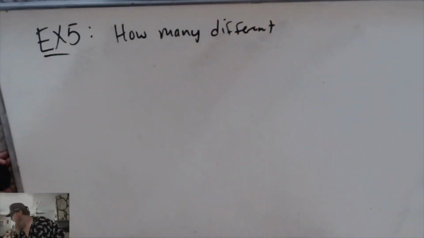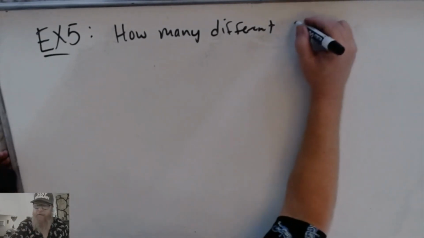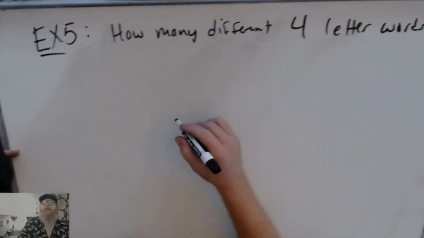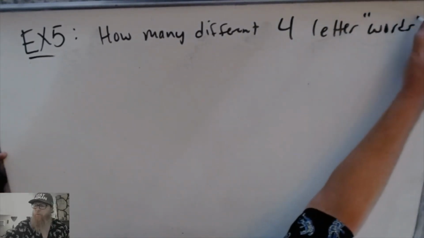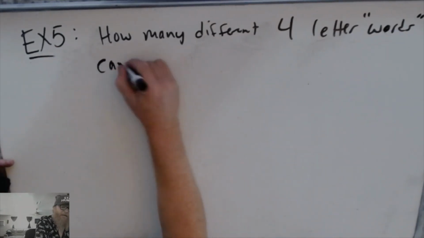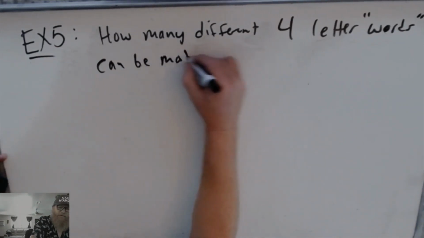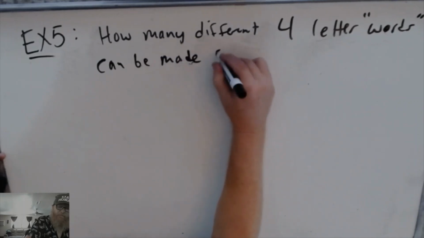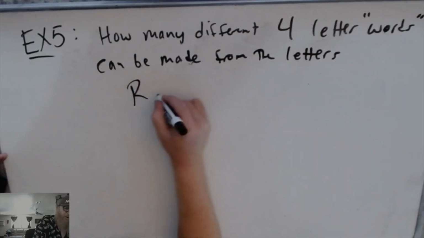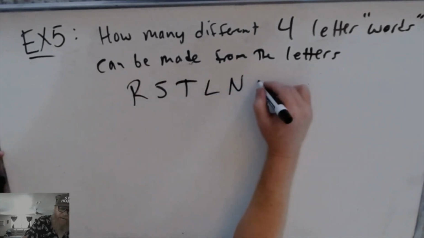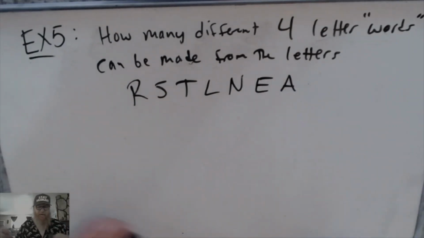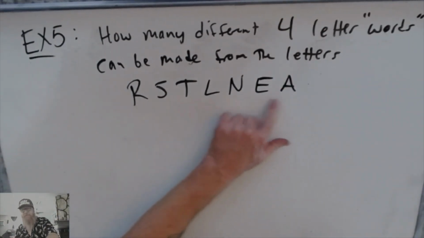So how many different 4-letter words, and I'm going to put the word words in quotes, I'll explain what I mean by that in a minute, can be made from the letters R, S, T, L, N, E, A. 1, 2, 3, 4, 5, 6, 7 different letters.